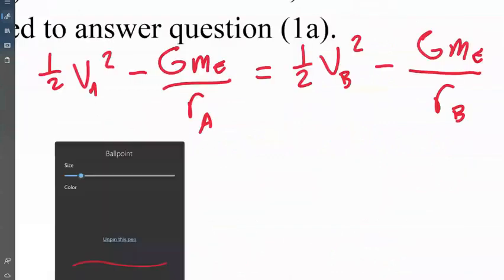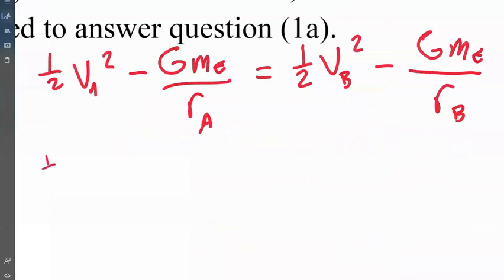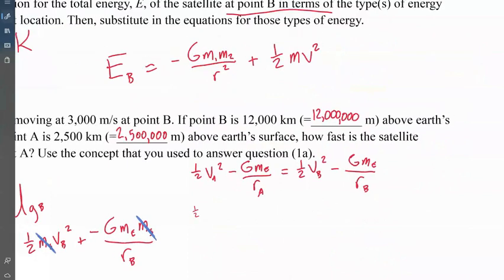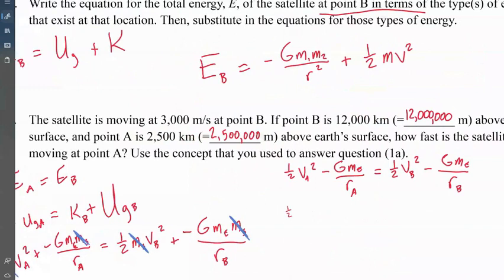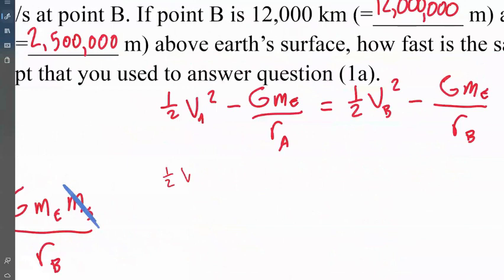Okay, so let's take a look at that. 1/2 velocity at point A. That's what we're looking for. How fast is the satellite moving at point A? So 1/2 velocity at A squared minus, and then G is 6.67 times 10 to the minus 11.